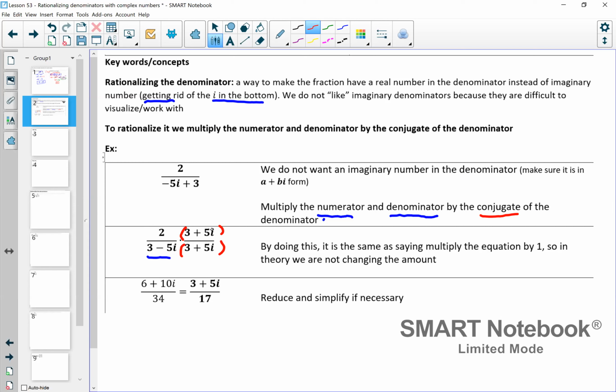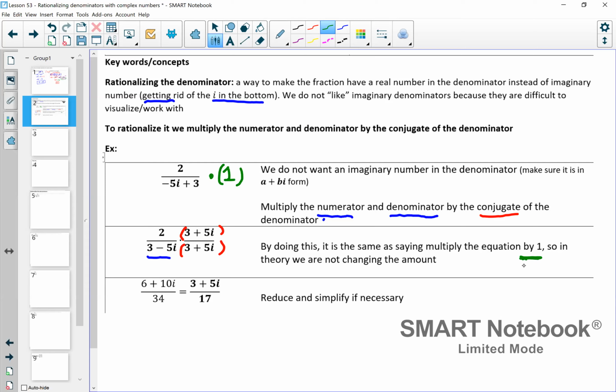And by having the same number of terms on top divided by the same number of terms on bottom, we're basically saying we're multiplying this whole thing by 1. So if we were to go back to the original, it's basically saying this times 1. And as you all know, if we multiply something by 1, it doesn't change anything. So it's just like multiplying the equation by 1.